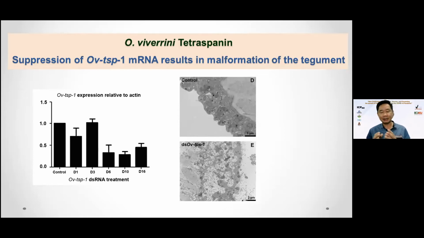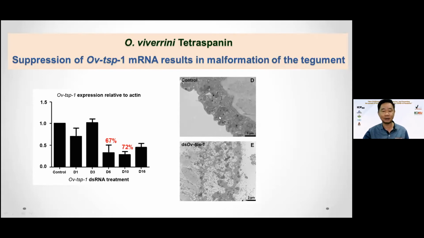If you can produce an antibody against tetraspanin, that can kill the worm. So we used RNA interference, and we could prove that RNA interference can be used to knock down tetraspanin 1, 2, and 3.